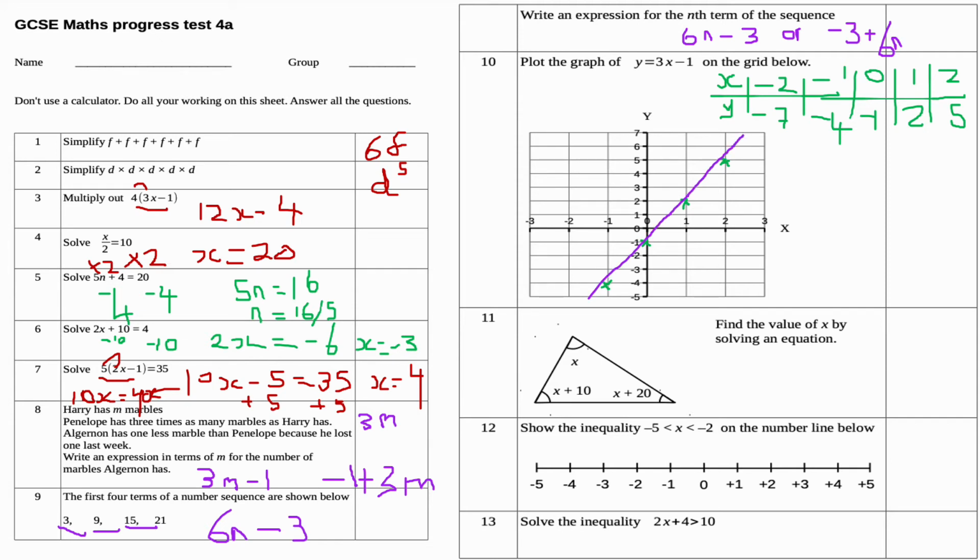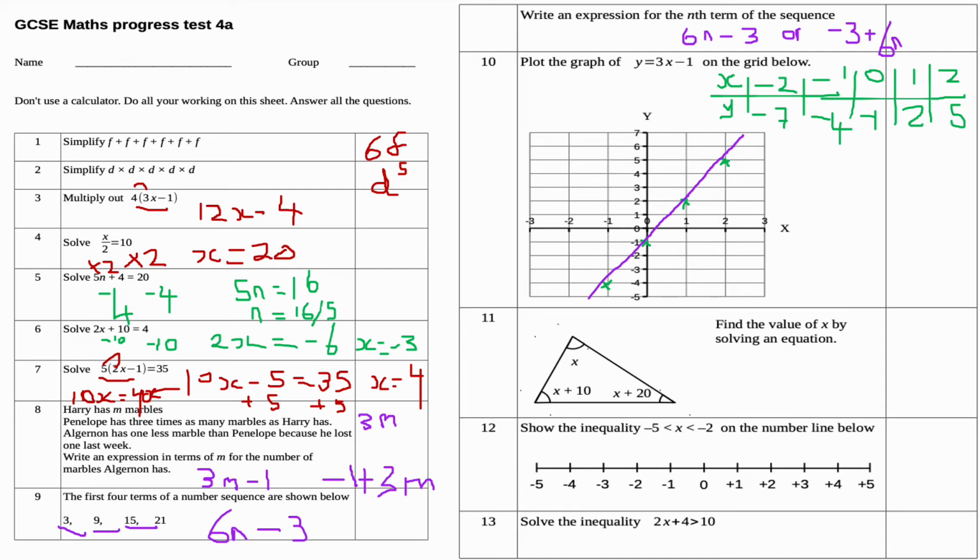So something like that, going through all of those points. And that's how we plot a straight line equation in the form y equals mx plus c. So it is a linear graph, a straight line graph.